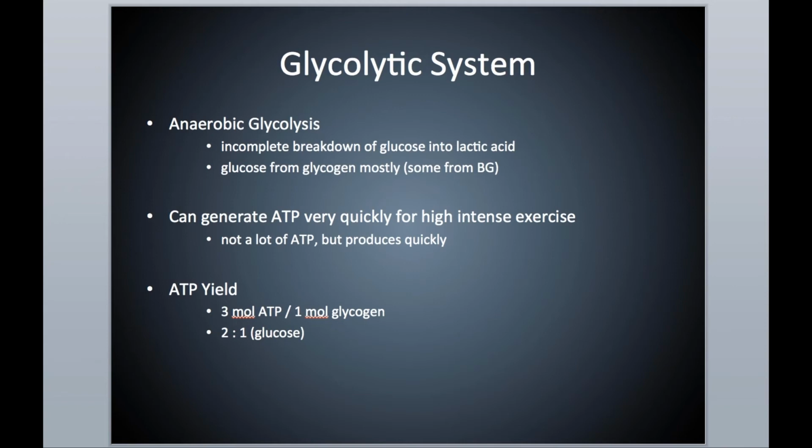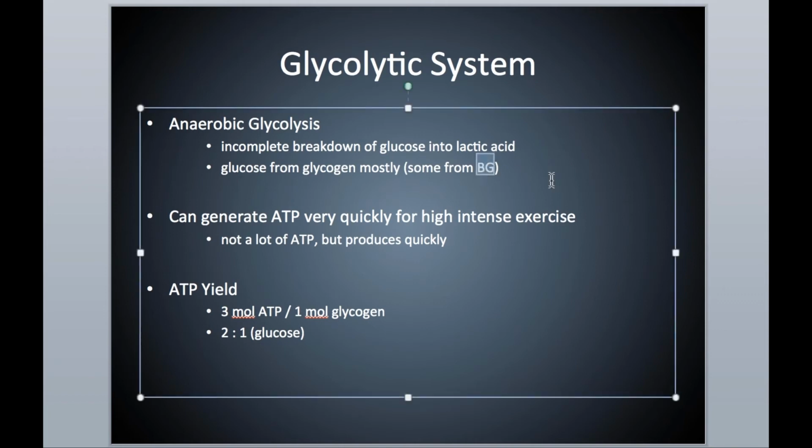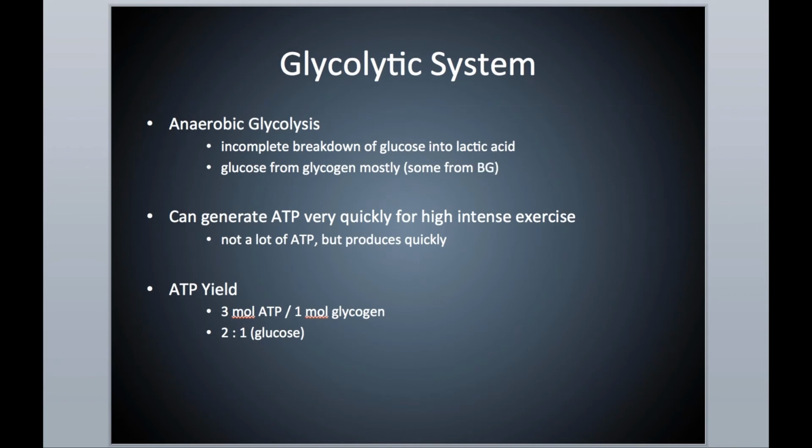So the more lactate you're producing, the more hydrogen ions that you have, which will decrease the pH of the muscle, which can be problematic. So from this, we're either going to start from glucose, which is from blood glucose, or BG, or we're actually going to get the glucose from glycogen.